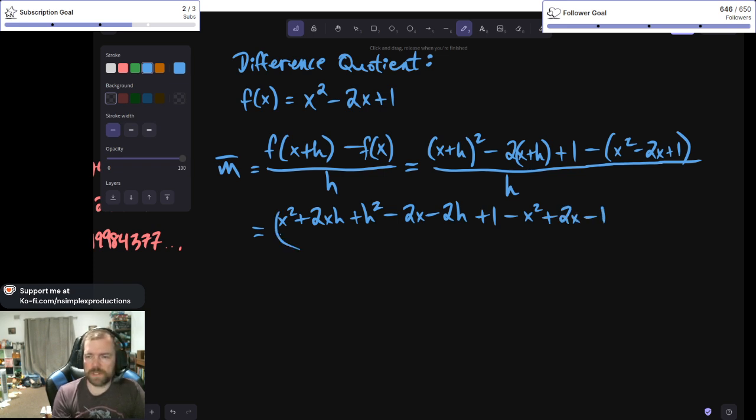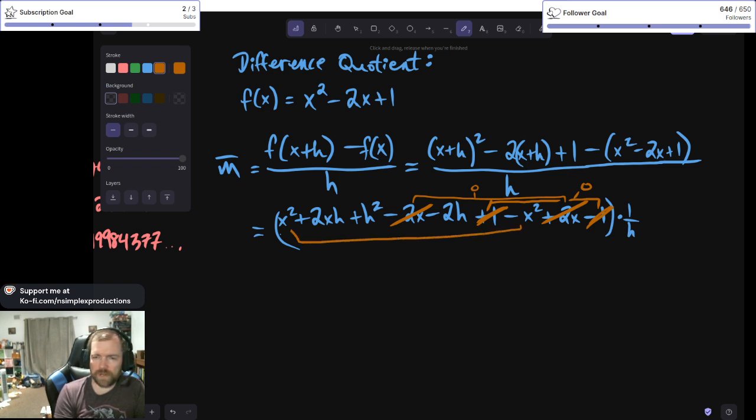And all of this can be multiplied by 1 over h because I don't want to draw a gigantic bar under the whole thing. Okay, and then we get here that our negative 2x and our positive 2x are going to add to 0, as is our plus 1 and our minus 1, and as are the negative x squared and positive x squared.